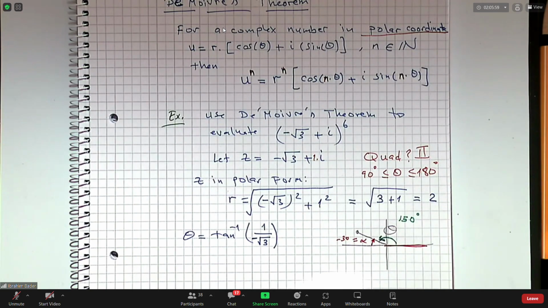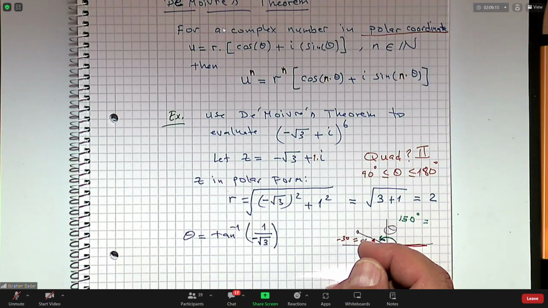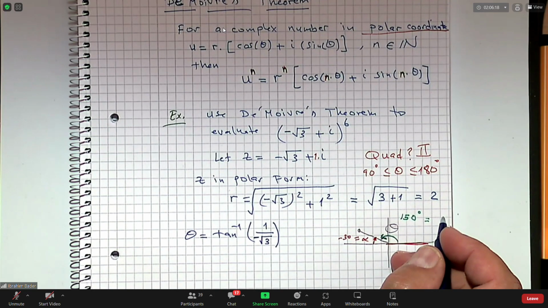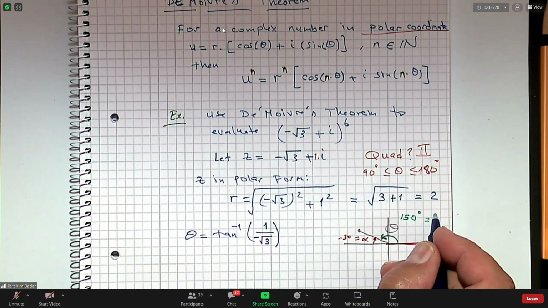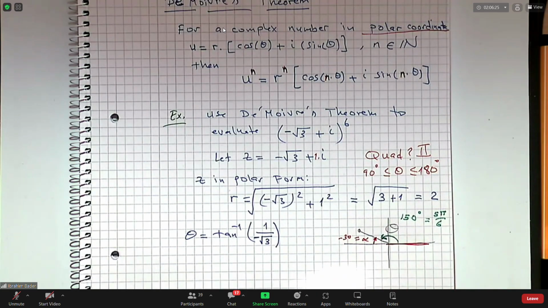So this angle is all 180. This is 30. And if it's negative, it means it's a shortcut from the axis. That means this angle I'm looking for is 150, or someone mentioned here, notice that 30 is pi over 6, right? So it's 5 pi over 6, right? In radian.